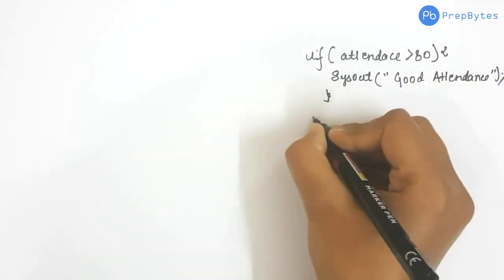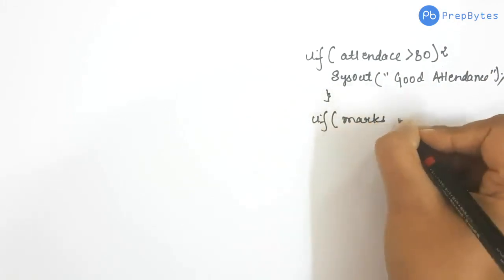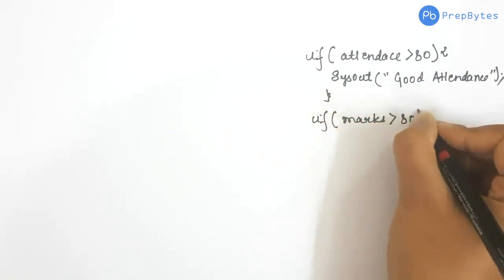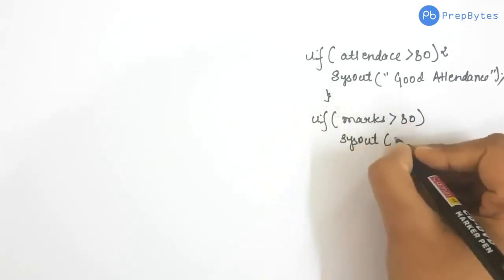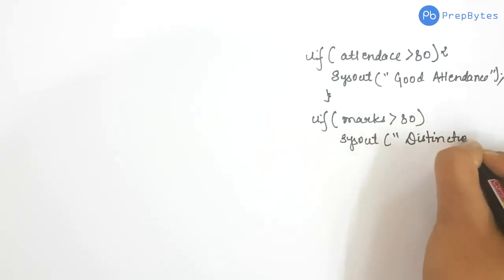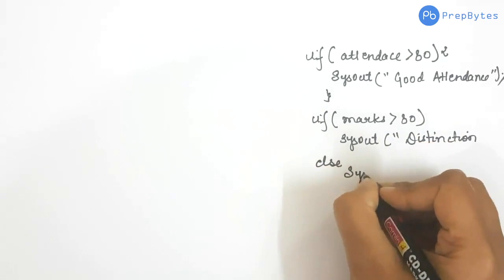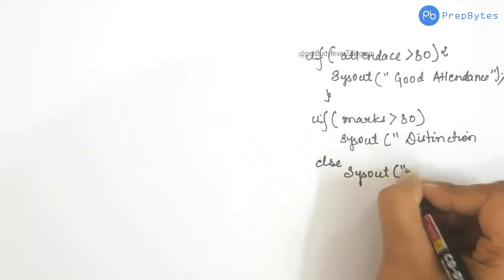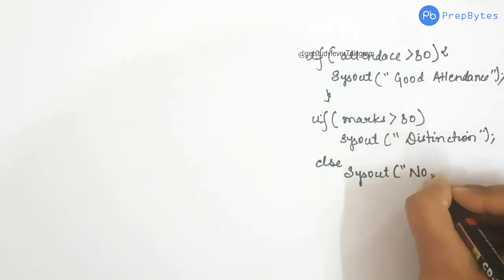And then we also again have an if marks is greater than 80, sysout distinction, else sysout no distinction.